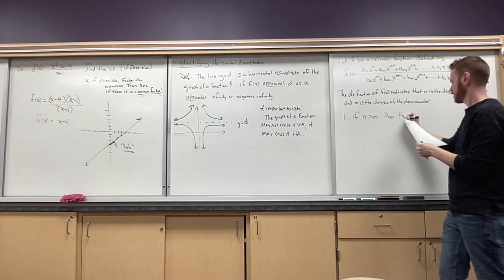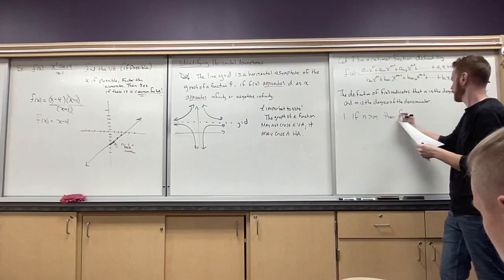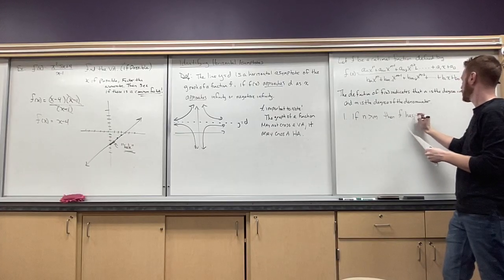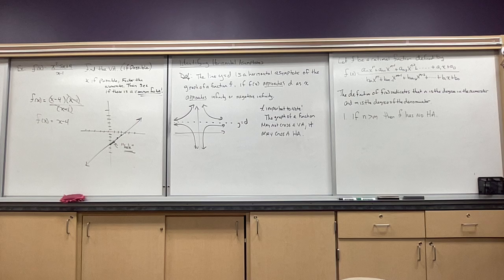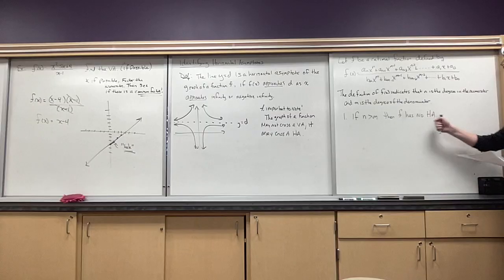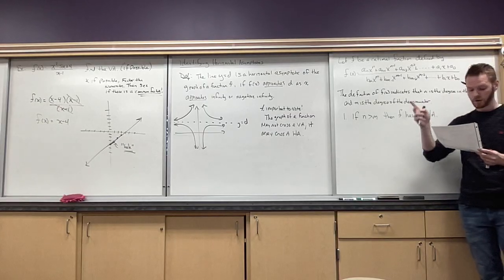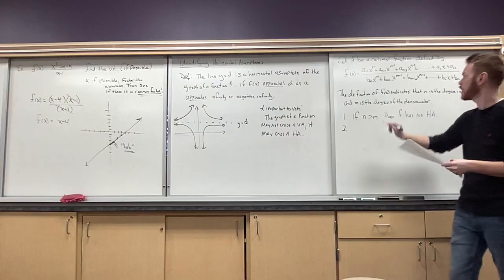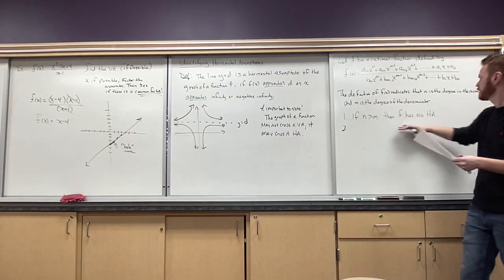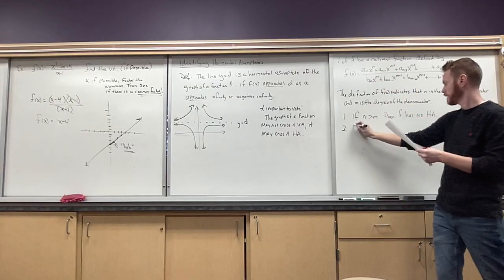Then f has no HA. Now, why is it the case? We'll talk about that a little bit later. Right now, just know if this is larger than the bottom, then no horizontal asymptote.